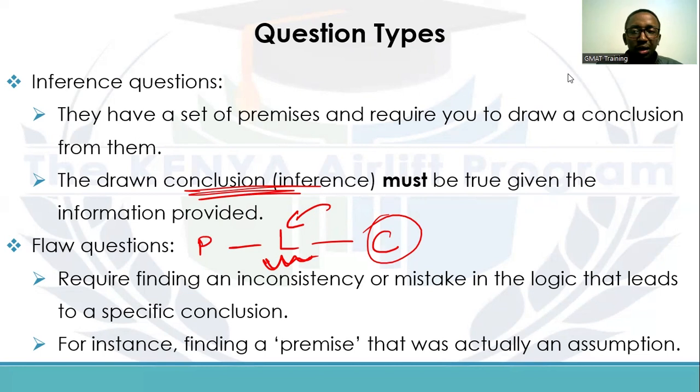So as I've said, it requires finding an inconsistency or mistake in the logic that leads to a specific conclusion. For instance, if you find a premise that was actually an assumption. So if in drawing this conclusion, the logic used took an assumption as truth, but it actually wasn't truth. So you have found yourself a flaw in that question.